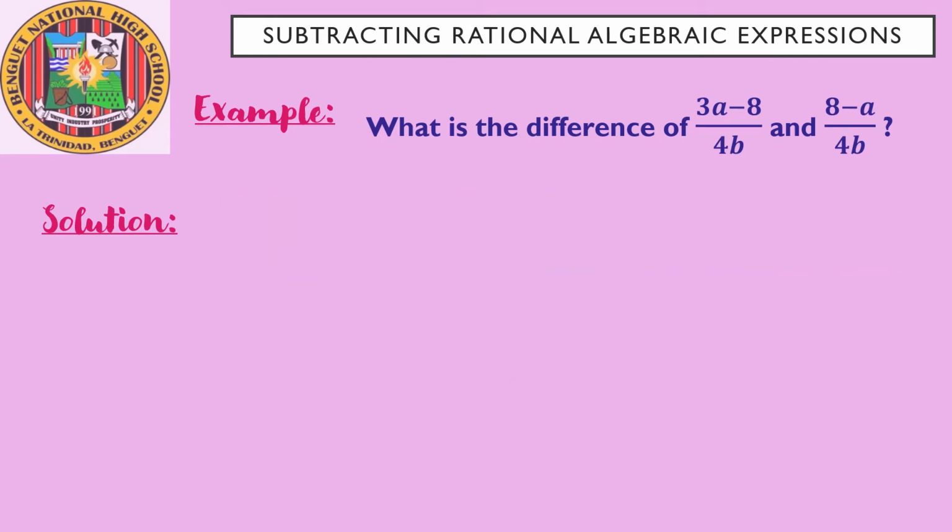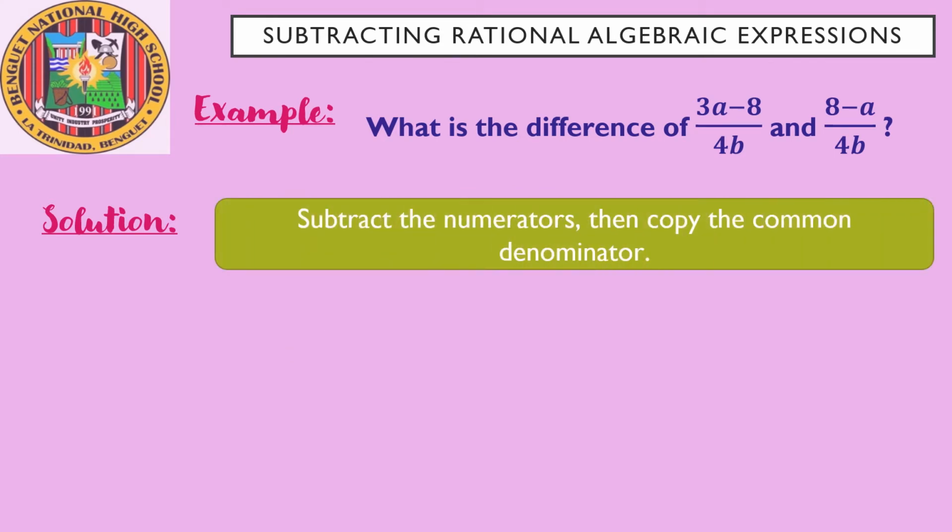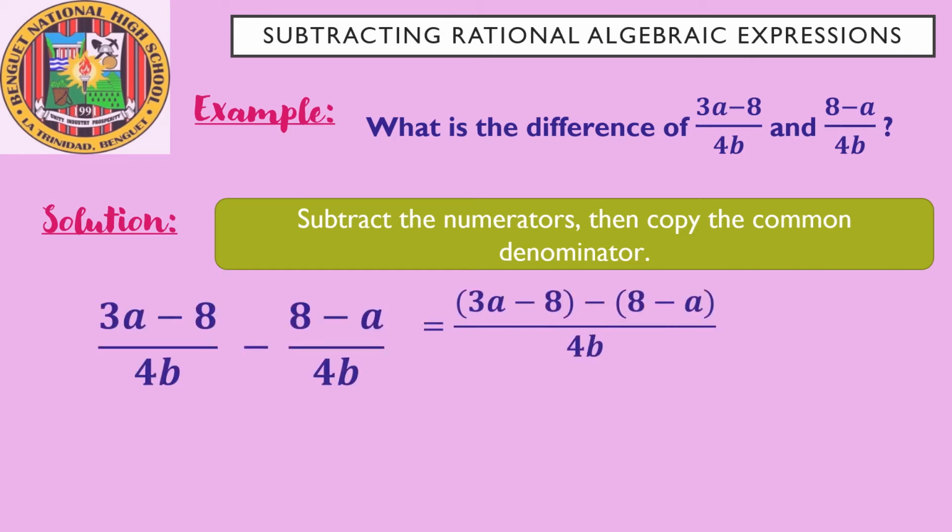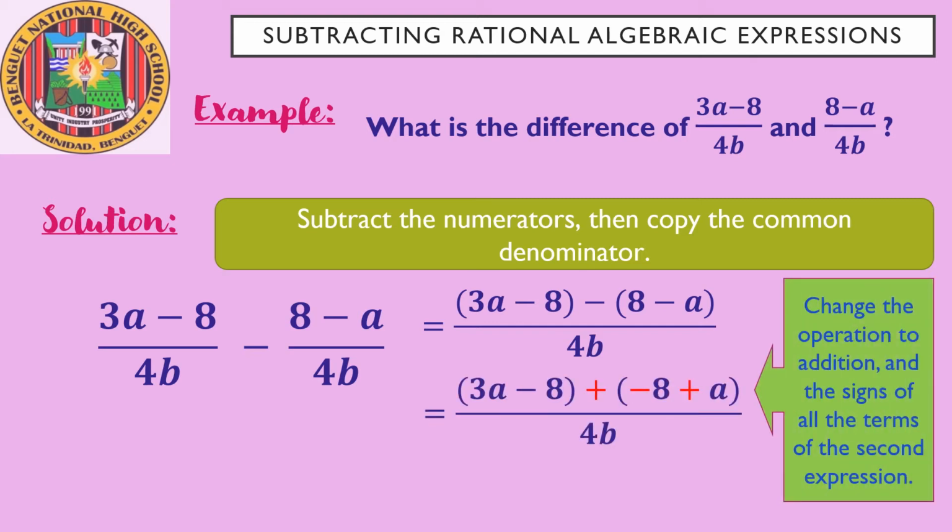Next, we subtract the numerators and copy the common denominator. We focus on the subtraction of the numerators because here we are subtracting polynomials. Remember that just like in subtracting integers, when we subtract polynomials, we copy the first expression, change the operation to addition, then change the signs of all the terms in the second expression to their opposite.